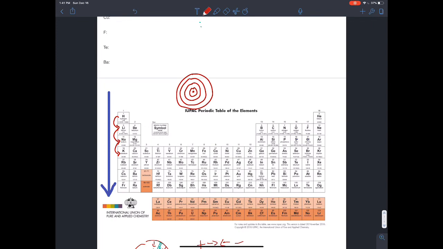And that's doing 2 things. For one, it's making the outermost energy level further from the nucleus because you're adding another one. And for another, it's creating all these electrons in between the nucleus and the outermost electrons. Because every time you go down, you're adding another full energy level from the period before. So when you jump, sodium is 3s1 and potassium is 4s1.